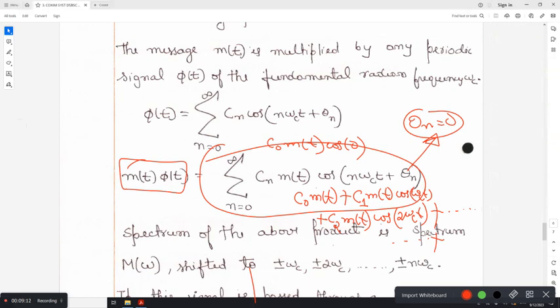Which term? Is it only except the first term? I want an answer from you. First term, second term, third term, fourth term, and a lot of terms. Which is your double sideband suppressed carrier AM wave in that?